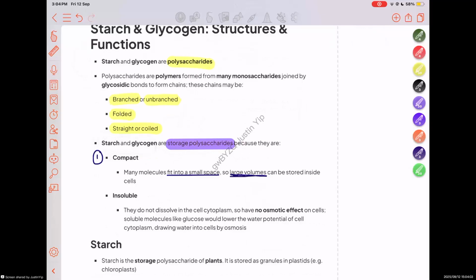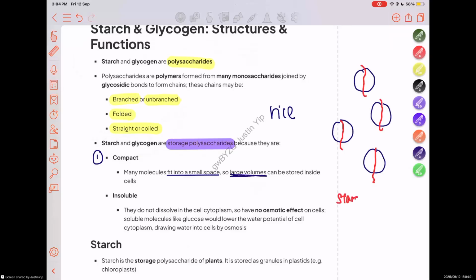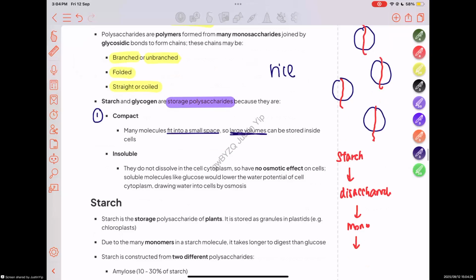For example, in Malaysia we eat a lot of rice, right? Rice contains a lot of starch, so it is stored as starch molecules, and they slowly digest. Your starch will go from polysaccharide to disaccharide, then to monosaccharide, and then they give us energy.